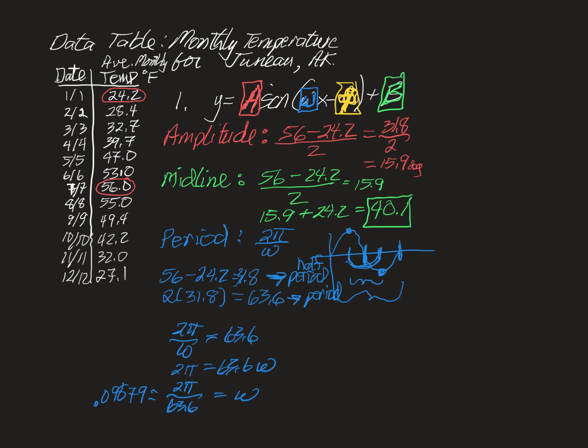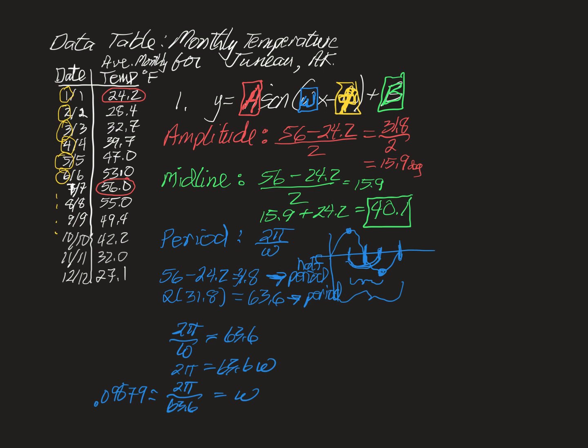Well, with the left-right shift, all you want to do is pick one of the data sets. Now, generally, we do this by month, not by day. So 1 goes with 24.2, 5 with 47, etc., all the way down, okay? All you need to do is pick one of those dates, okay?